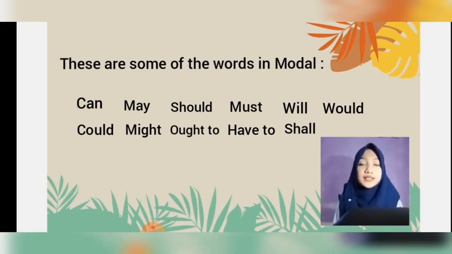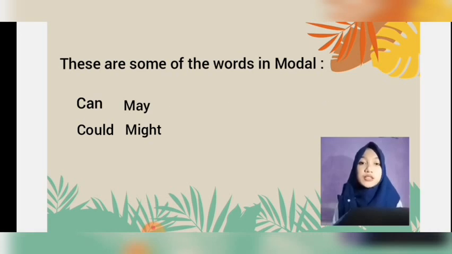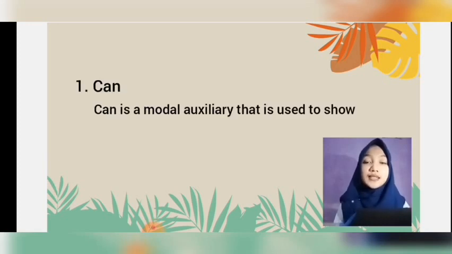But in this lesson, I will explain my material, types of auxiliary modals and their function of the words can, could, may, and might. The first is can. Can is a modal auxiliary that is used to show the ability to do something.